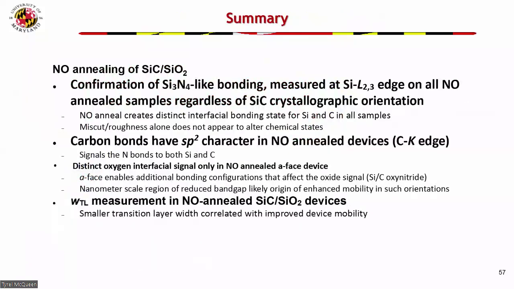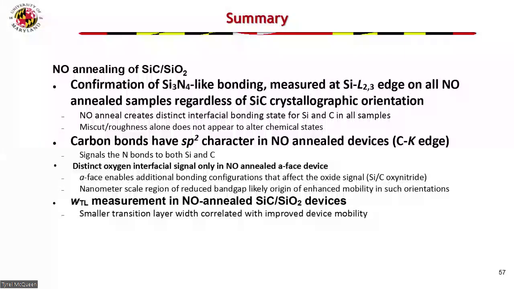So I just want to briefly summarize that for the silicon carbide and silicon dioxide, we have some evidence of nitrogen at the interface. We see that the NO anneal basically creates some bonding between silicon and carbon with nitrogen. We see that the carbon bonds have sp2 character primarily, but the oxygen interfacial signal did not alter so much except for the A phase.